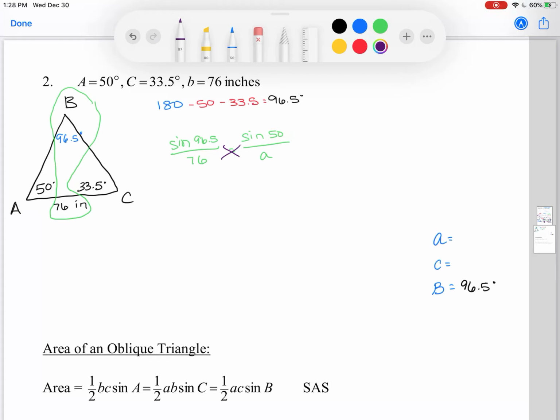Remember, we get to cross multiply because there is an equal sign separating those fractions. And the numbers that you cross multiply with will go out front of your signs. So A goes out front, and the 76 will also go out front. Divide both sides by sine 96.5. And we get 76 sine of 50 over sine 96.5.